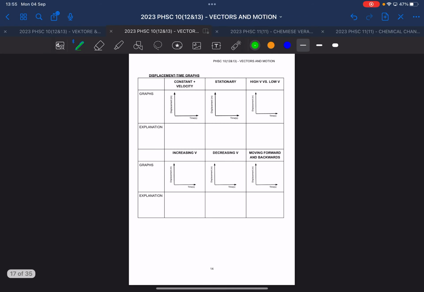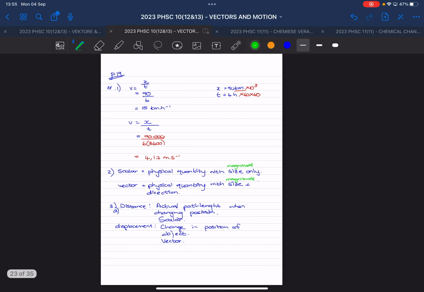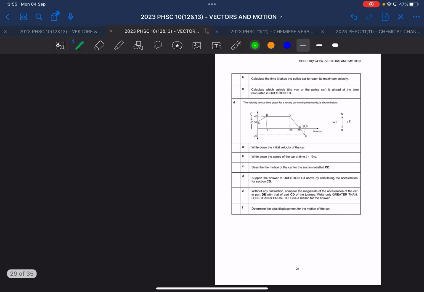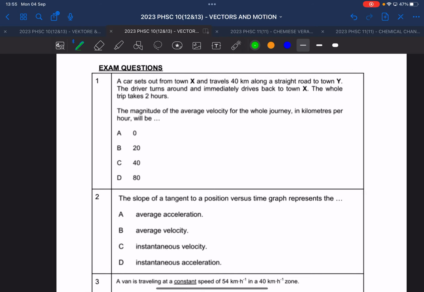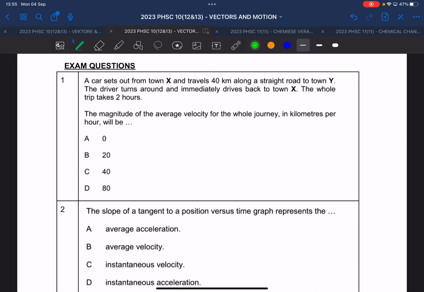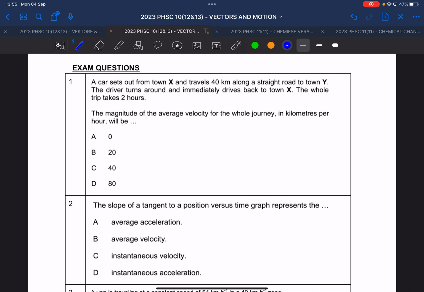Alright. Grade 10s, your homework is the following. On page 20. And I see you tomorrow, first period, so don't leave it for break. On page 20, you have to do question 1. It's a multiple choice question.